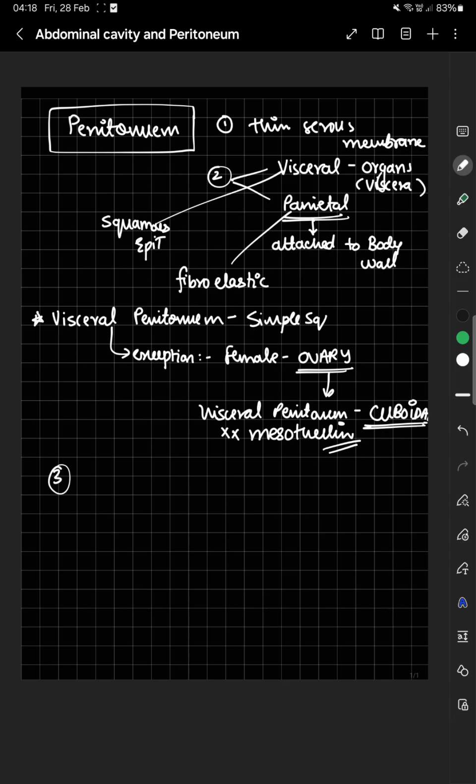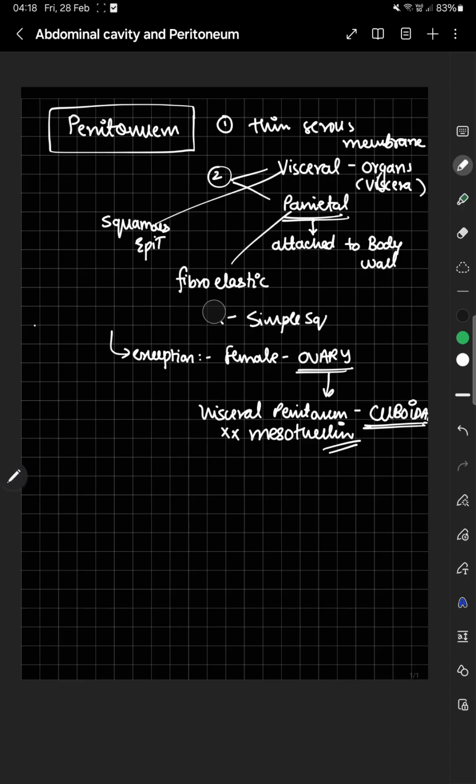This fluid helps in lubrication between these two layers of the cavity. Therefore it allows the mobile parts of the intra-abdominal digestive tube good movement. And this is basically all about the peritoneum roughly.